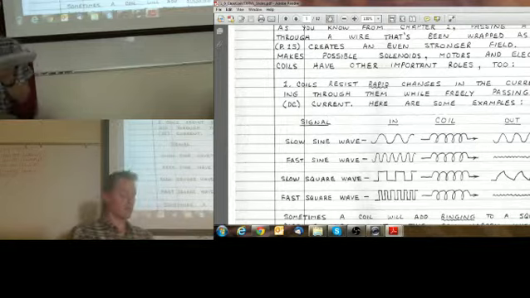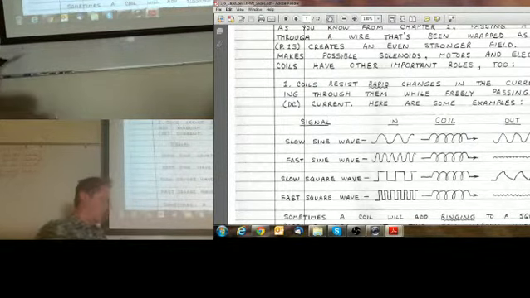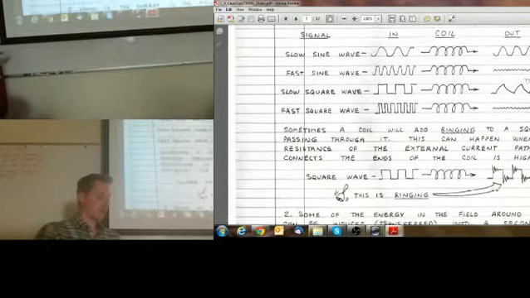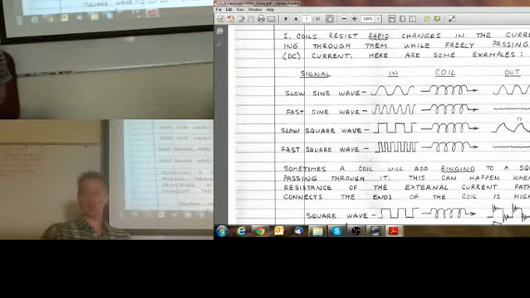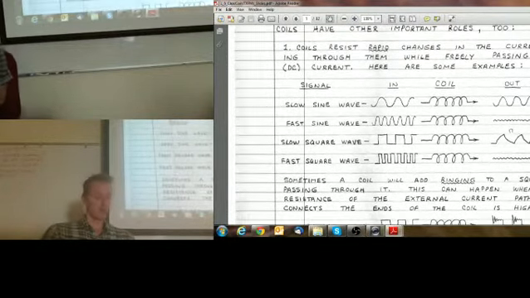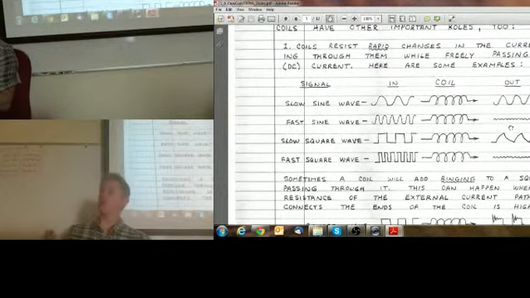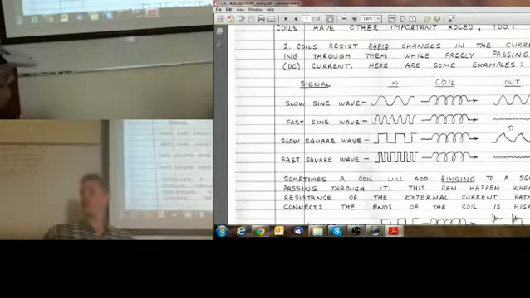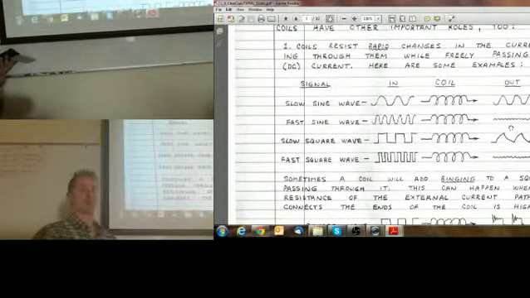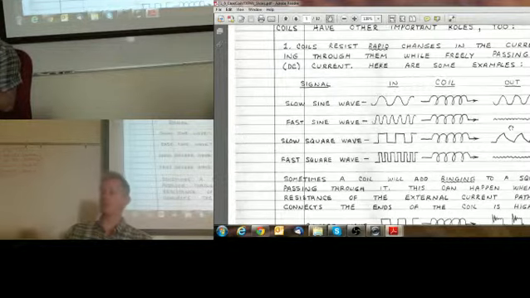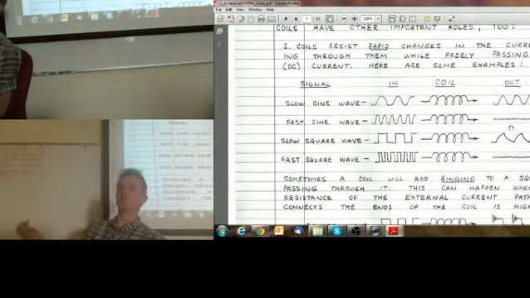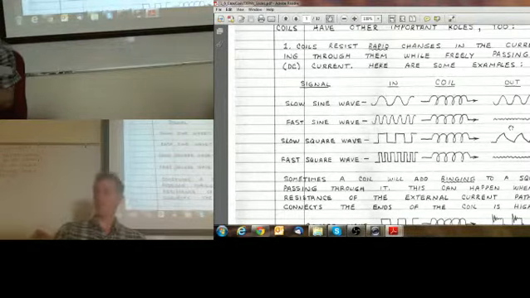So the coil is going to tend to want to prevent, you can think of a coil as resisting a change in current. Okay? So a coil will resist the change in current through it, but it will not resist the change in voltage across it. That's why the coil immediately went to 5 volts as soon as it was switched, but the current did not go immediately from 0 to 1 amp. It took time to go to that value.